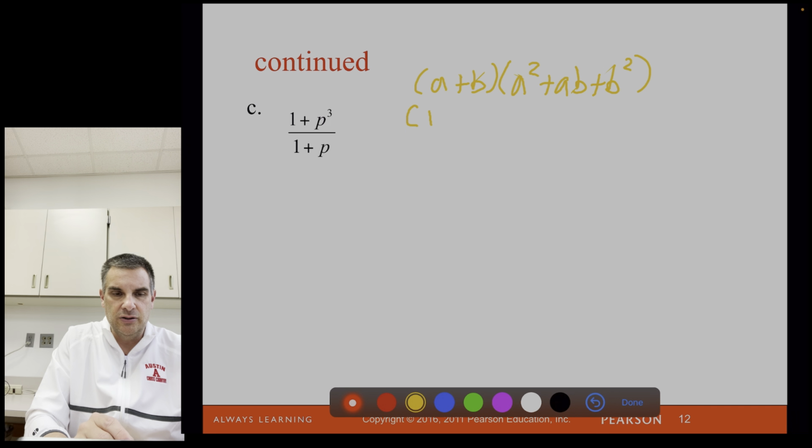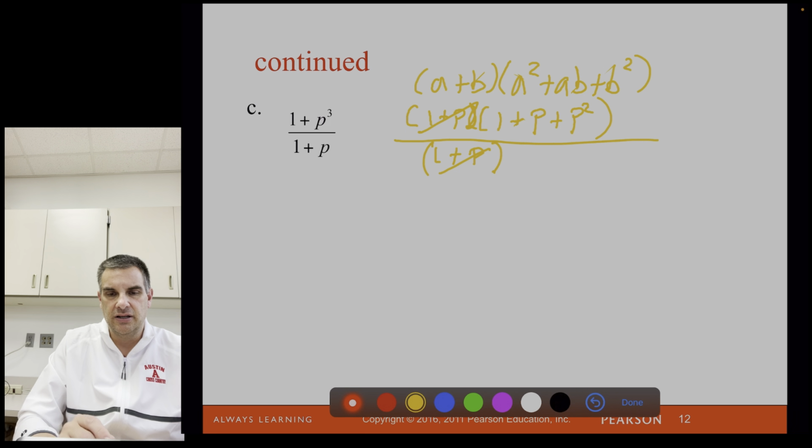My b value is p. So this would be 1 plus p times 1 minus p plus p squared over 1 plus p. We've got 1 plus p there, 1 plus p there. So our solution is 1 minus p plus p squared.